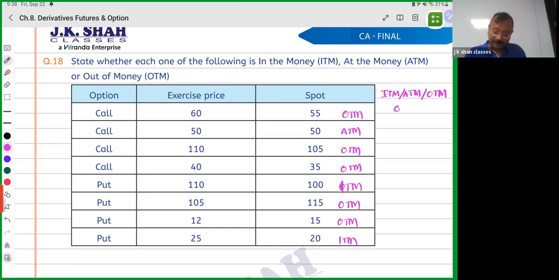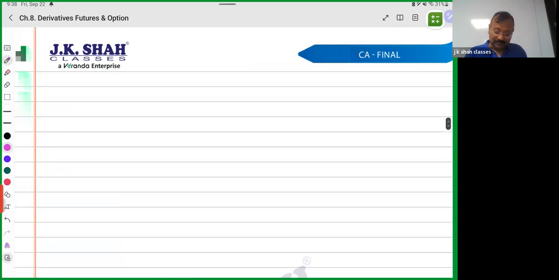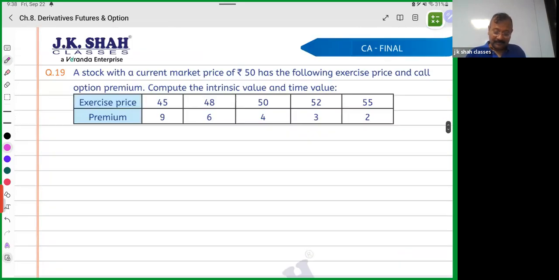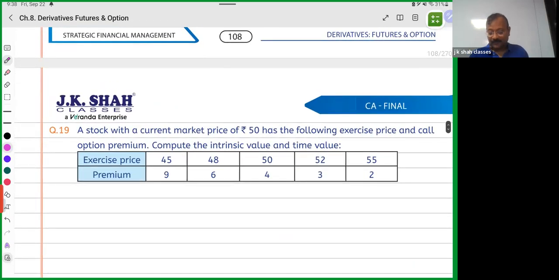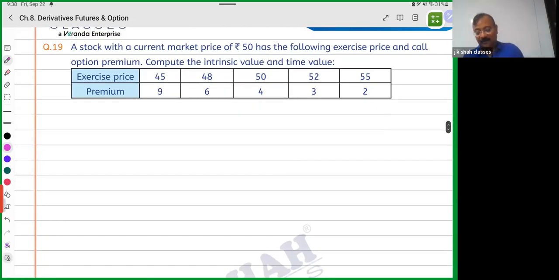Okay, then let's go. Now, a stock with the current market price of 50 has the following exercise price and call option premium. Compute the intrinsic value and the time value, which means they're saying that current market price is 50.